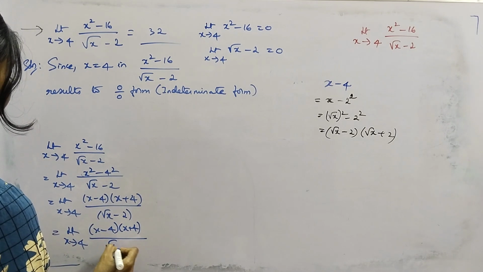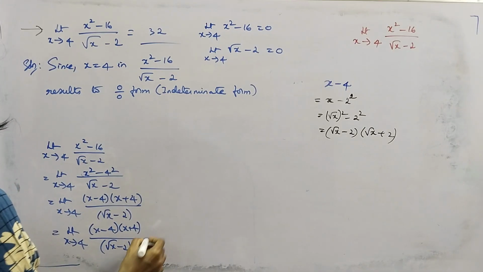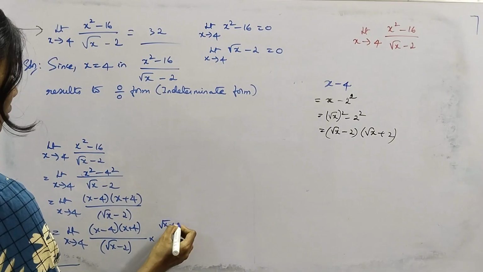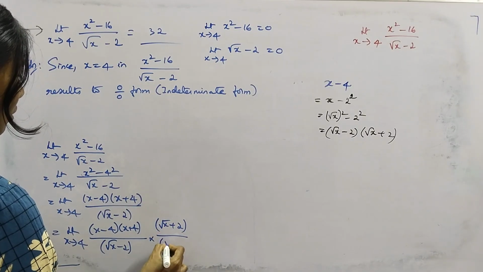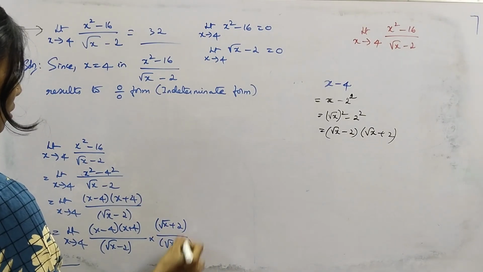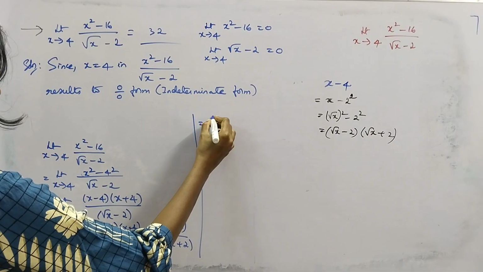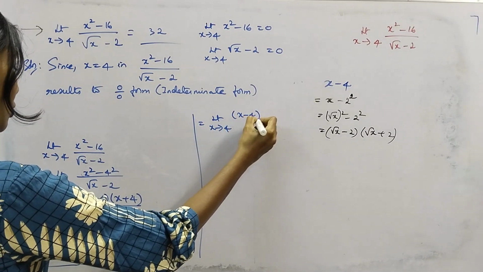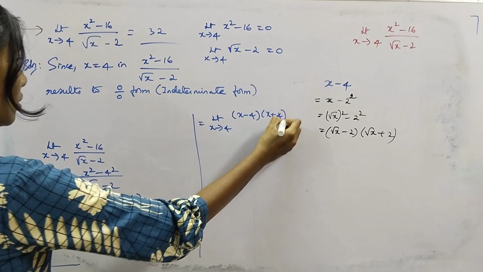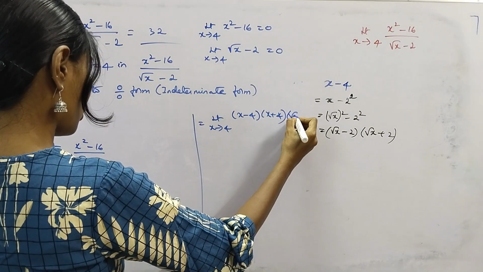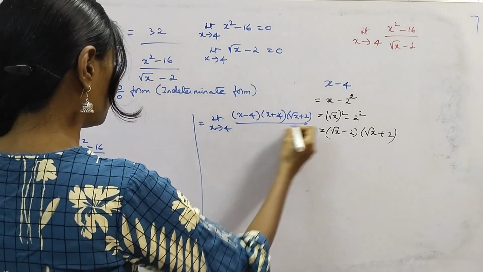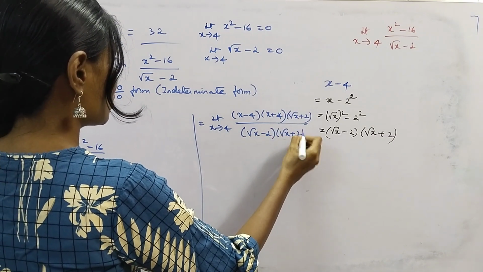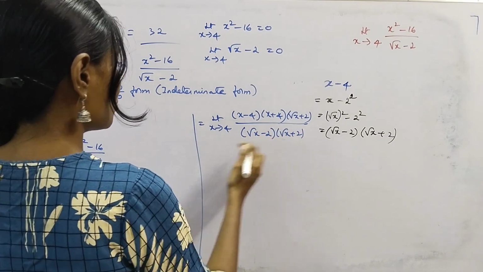Now, here you're having square root of x minus 2, right? The conjugate of this is square root of x plus 2. Just multiply and divide with square root of x plus 2. You'll get limit x tends to 4 of x minus 4 into x plus 4 into square root of x plus 2, by square root of x minus 2 into square root of x plus 2. See, this looks like a plus b into a minus b, right?